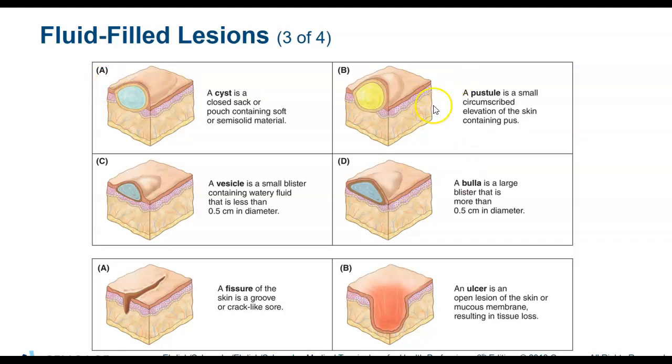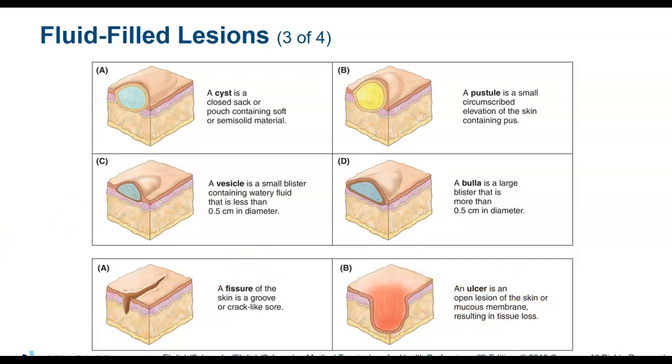We looked at that pustule. It again contains pus. That's the difference. A vesicle is that small, watery blister, and with that, it's less than 0.5 centimeters. A bulla is the same thing, but it's larger than 0.5 centimeters. We talked about that fissure already and the ulcer there.